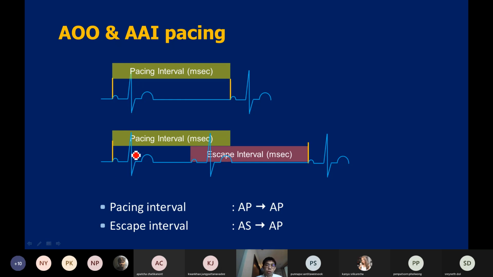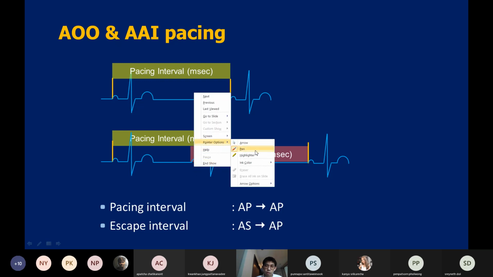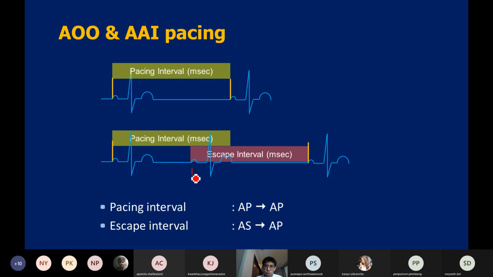And in the lower ECG, there's a pace spike and a captured atrium, which conducts to the QRS, and then some intrinsic activity comes out and the pacemaker senses the intrinsic. Then it changes the pacing interval into a new one, counted from the intrinsic here to here, with the same duration as the pacing interval we have programmed, or we can call it in other terms an escape interval, the same as I mentioned before in that slide.